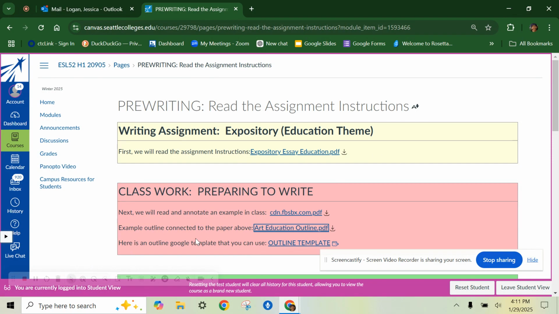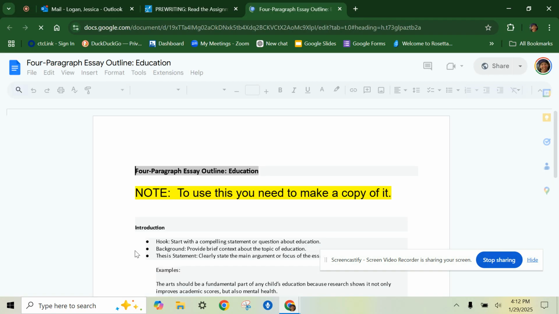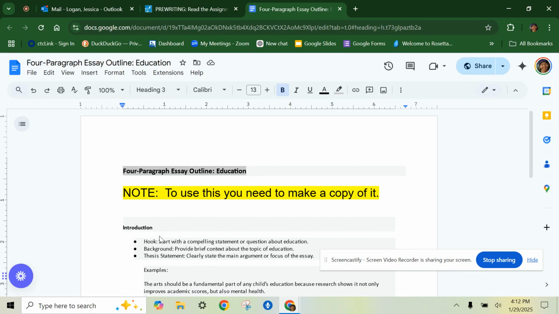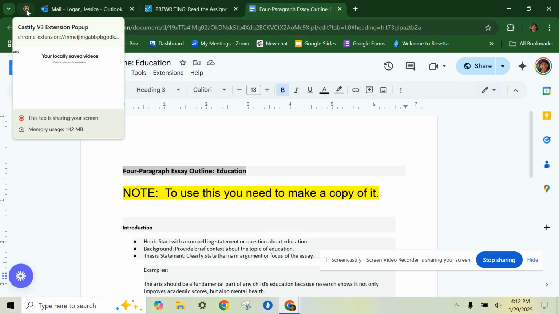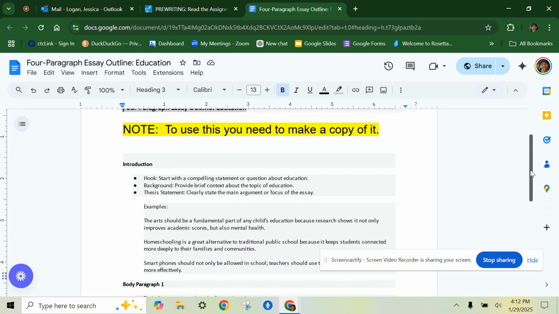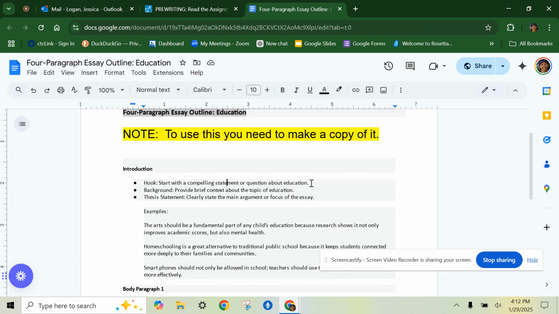And please feel free to use this template. A template means something that you can directly use to help you make yours. So you can see this is a template. And you can download, you can make a copy of this from Google, and then you can directly write your information in here.